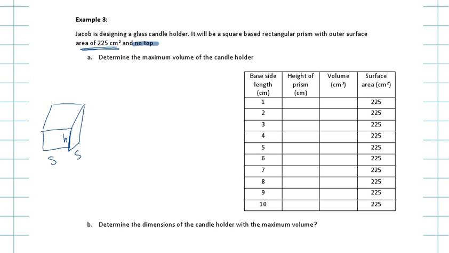What's the area of the square? That's L squared, right? In this case, it's S squared, S times S. So the area of the bottom is S squared.